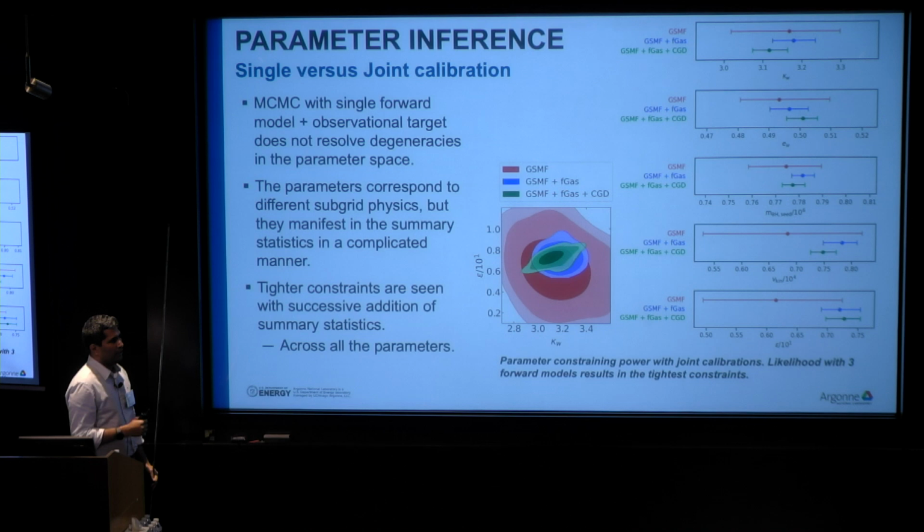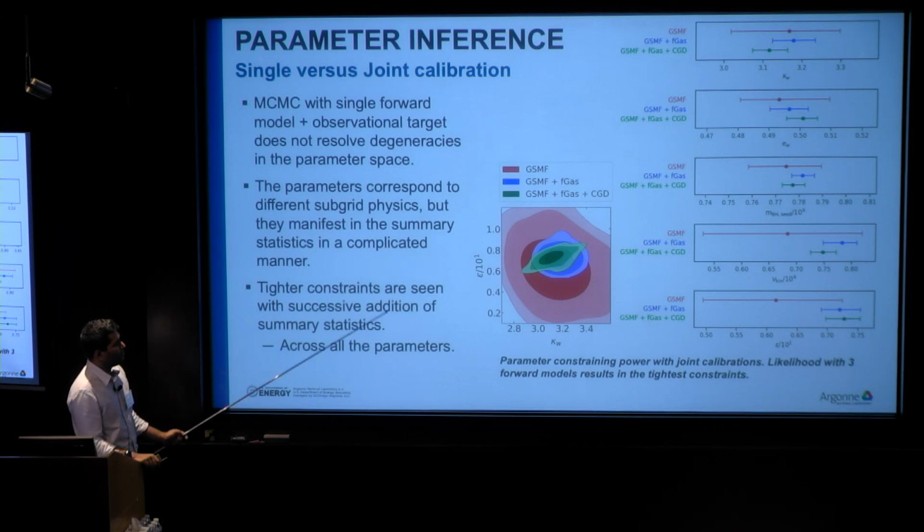One of the things I wanted to emphasize is why we are doing this joint calibration instead of going with one summary statistic. These parameters that are used in the subgrid physics often manifest in a very complicated way when you look at the summary statistic. And it's often not very obvious, right? Because of that, we have to run these.